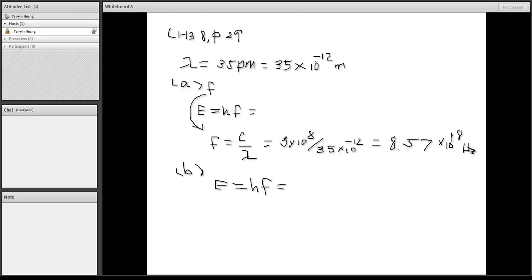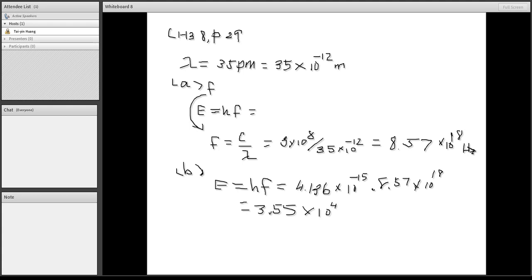If we use the eV units, then the Planck constant is 4.136 times 10 to the negative 15, and that's in eV times second. Then you multiply by the frequency, which is 8.57 times 10 to the 18. Then you'll get the energy of the photon, which is 3.55 times 10 to the 4th, and that's in eV.